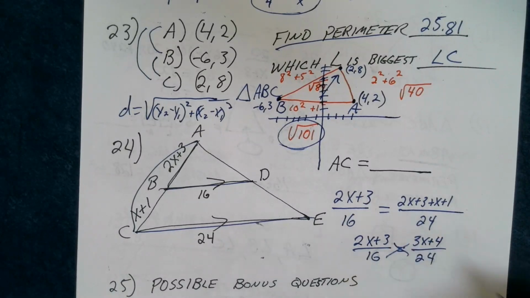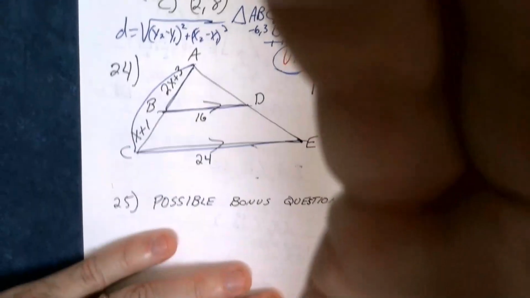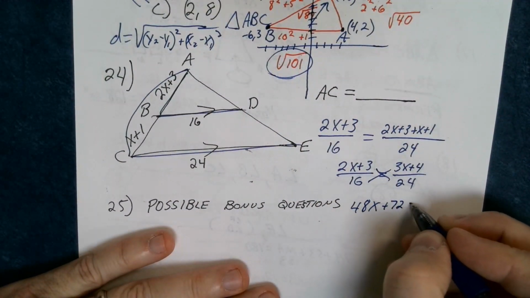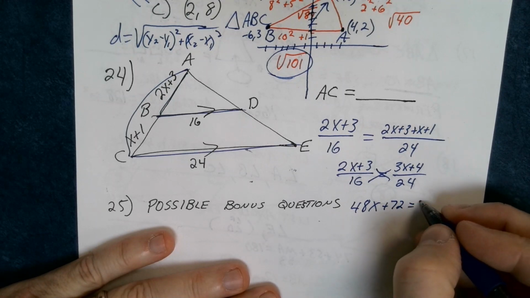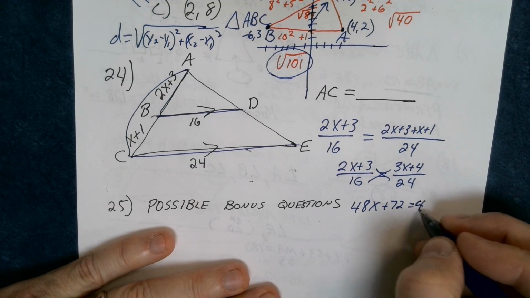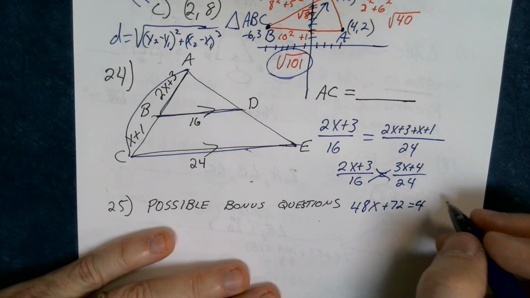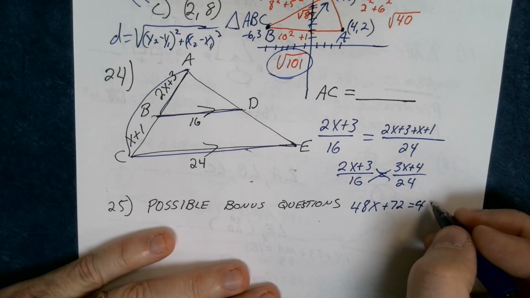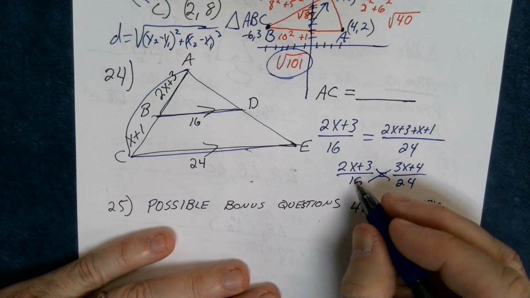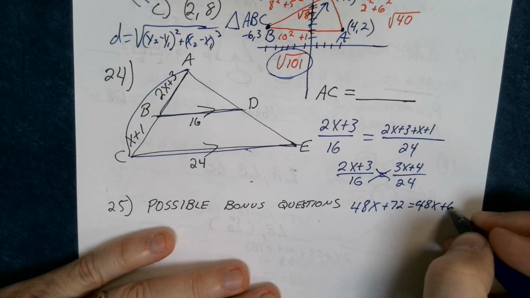Cross multiply and solve. 48x, move that up a little bit so you can see it, plus 72 equals 3 times 16 is 48. Oh my gosh, I can't believe I did this. 48x plus 64.